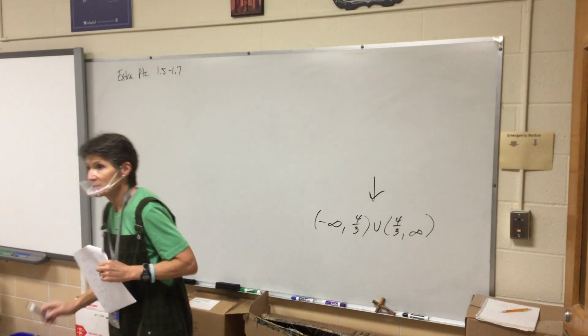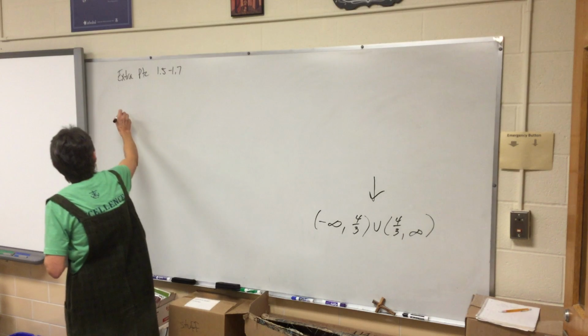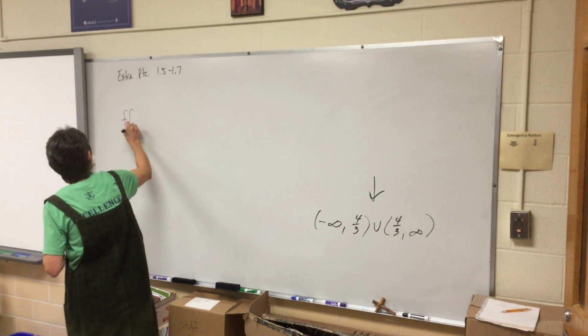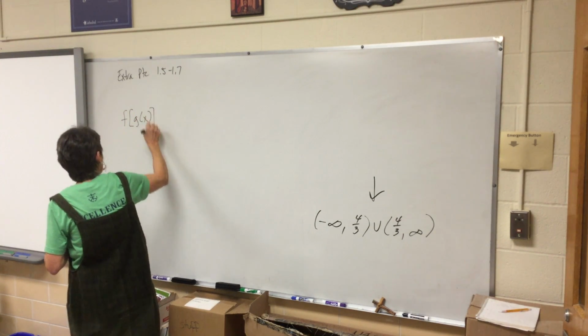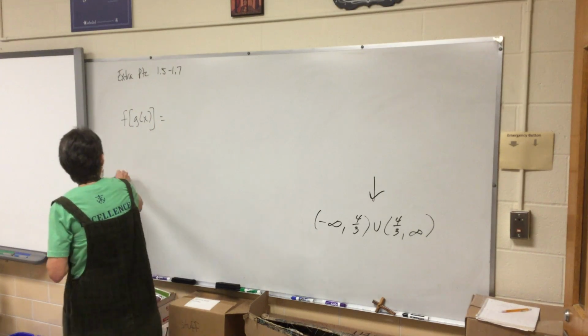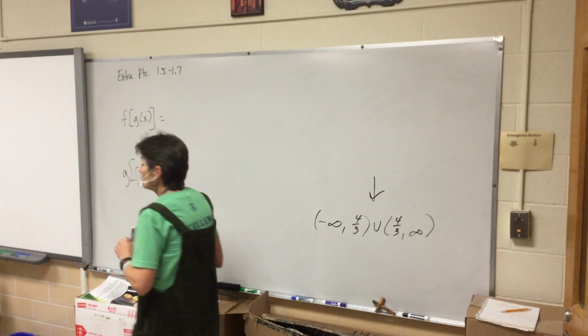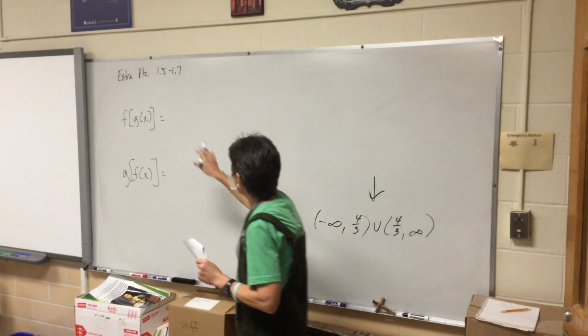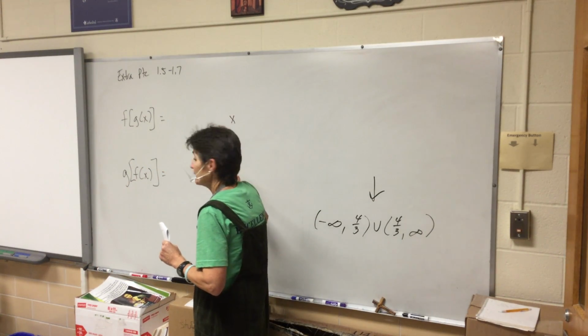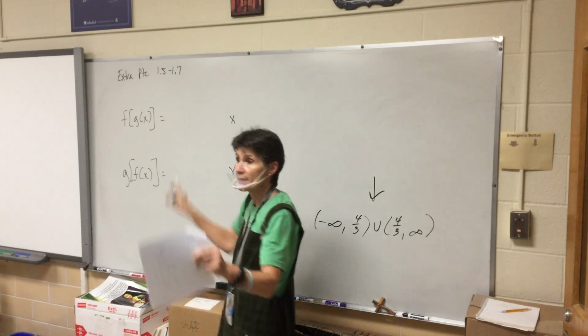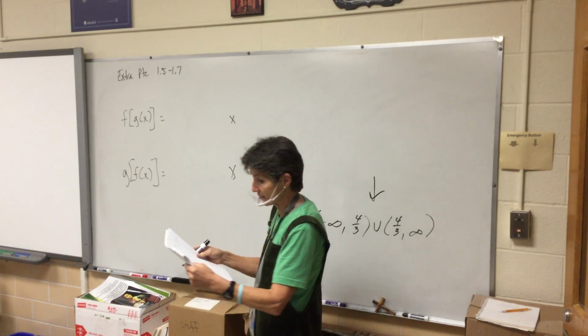You build a composition. That's exactly right. So you do f of g of x, and you do g of f of x. And when I do that, they had better come out to be x. Everything should cancel, and all I have left is x.